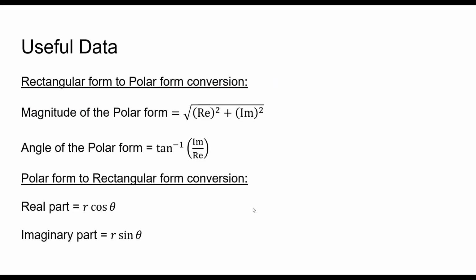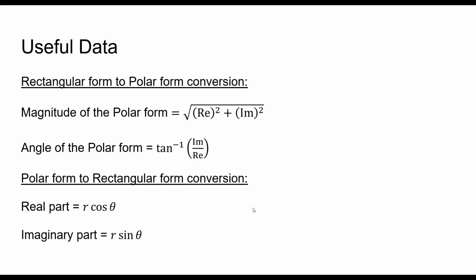The rectangular form is the complex form and the polar form is the r theta form. To convert from rectangular form to polar form, the magnitude can be calculated by the square root of the real part squared plus the imaginary part squared. The angle will be tan inverse of the imaginary part divided by the real part.